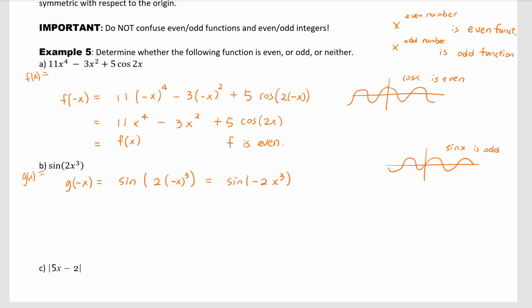And because sine is also an odd function, you can move the negative outside. You can see this is minus g of x. Because g of minus x equals minus g of x, g is an odd function. So far so good, everybody?